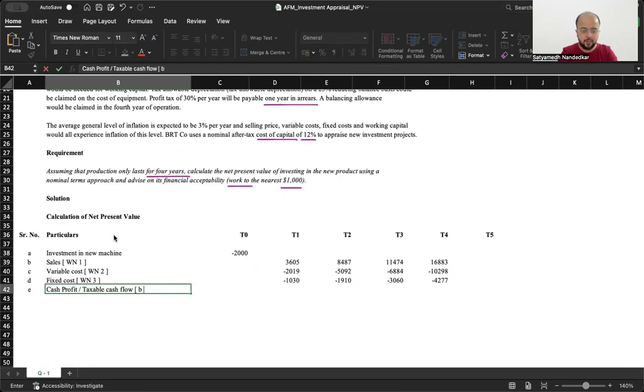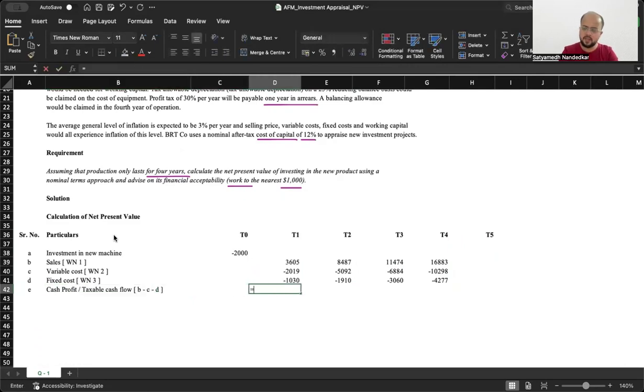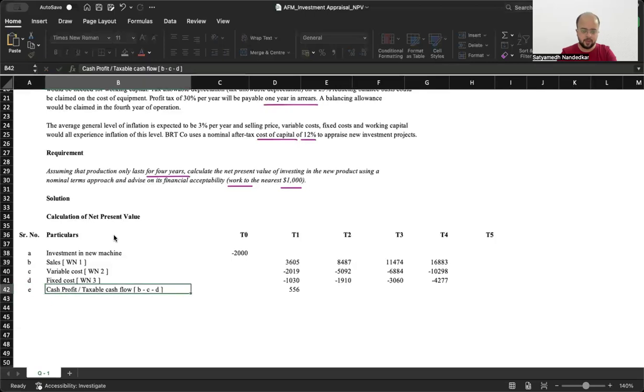How would you get that? B minus C minus D. This is inflation and everything considered, and you have arrived at this number.